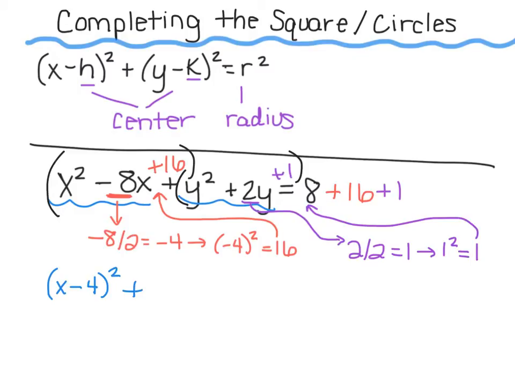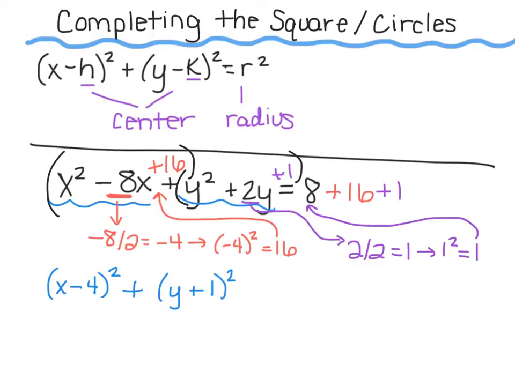Plus, and then here, the y squared plus 2y plus 1 factors into (y plus 1) squared. This goes back to when we were talking about factoring perfect square trinomials. But if you're not quite sure why this works the way it does, try foiling one of these back out, and you'll see that it turns into this.